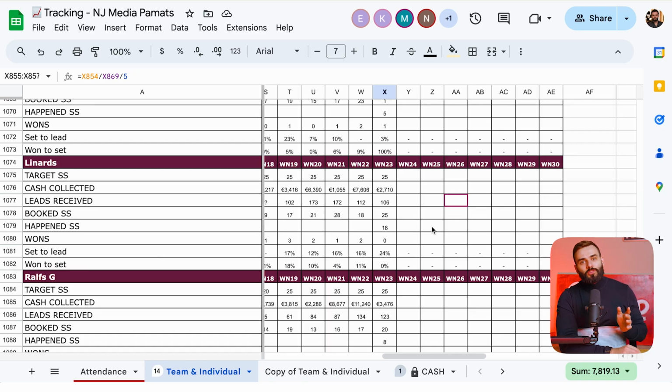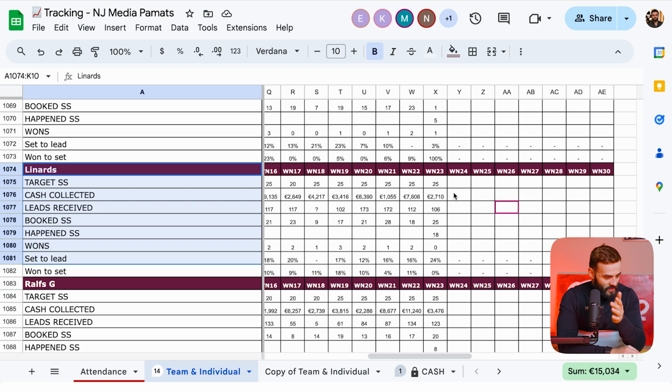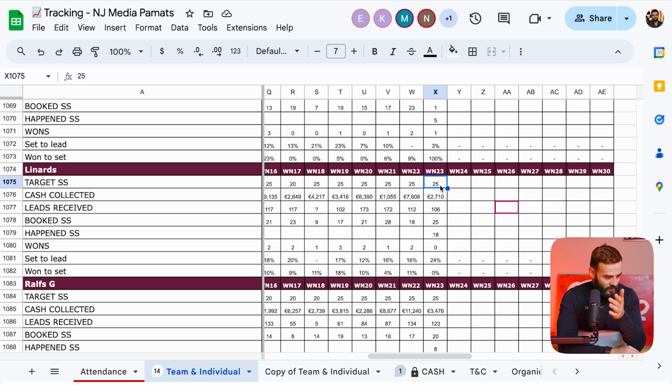So that's what I'm thinking about. And the last thing I wanted to show, I do track these numbers weekly for all of my setters. For every department, every person, they have also their KPIs. This is just one example of one of my colleagues whose name is Leonard. Last week, his target was 25 sets. He booked 25. He received 106 leads. 18 calls happened.